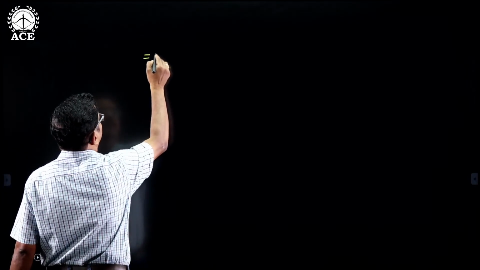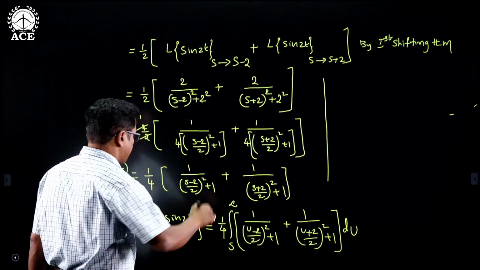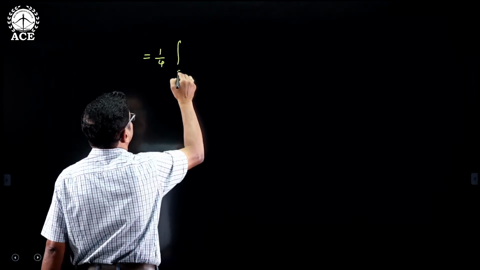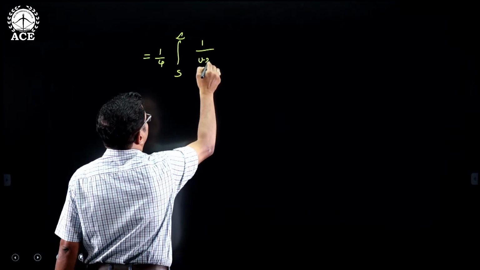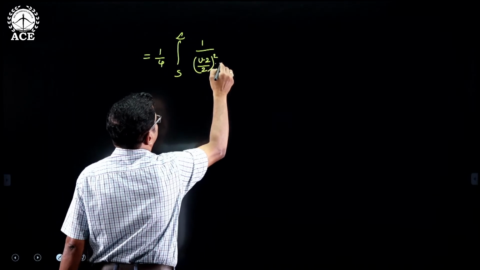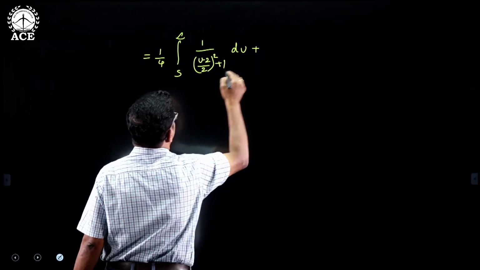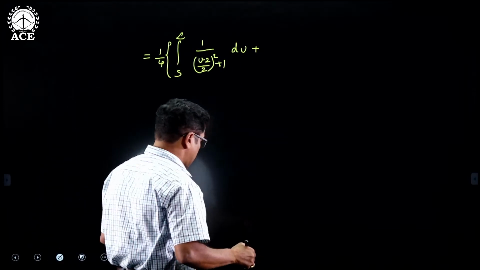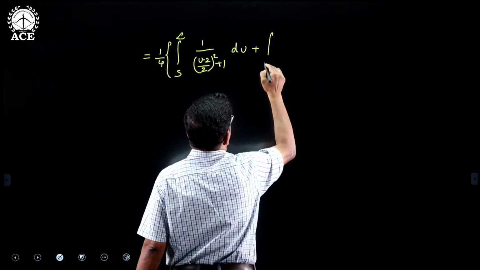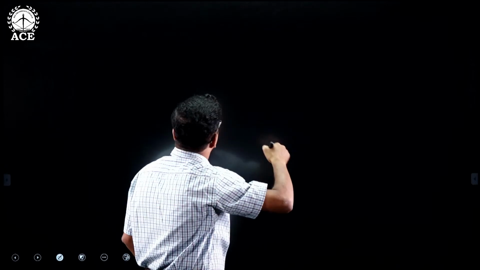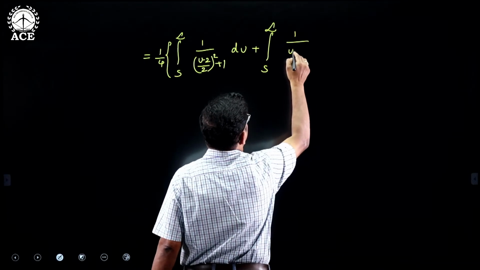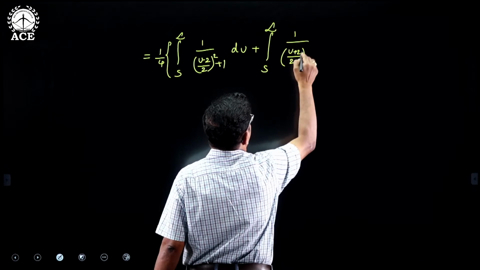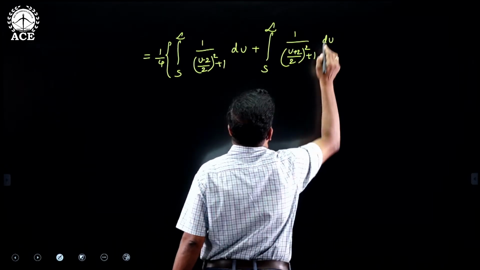Which is equal to one fourth, integration from s to infinity, 1 by ((u minus 2) by 2) whole square plus 1 into du, plus, I am separating the integration, integration from s to infinity, 1 by ((u plus 2) by 2) whole square plus 1 into du.